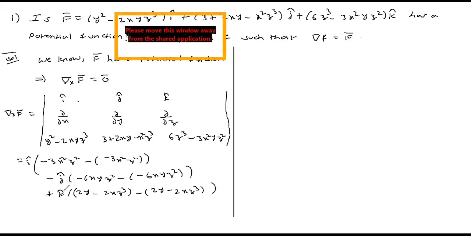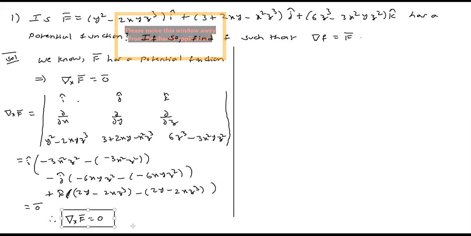Okay, now you notice that all the terms are getting cancelled. The answer you are getting is 0 bar. Therefore del cross f bar you got as 0 bar. Do you agree?